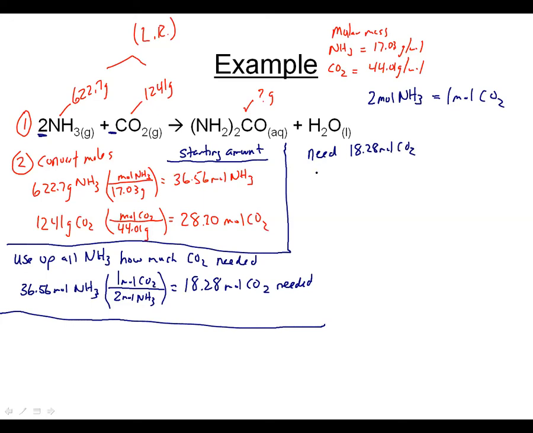We started with, from our beginning CO2, 28.20 moles of CO2. So when we compare these two, we do have enough. So again, that means that the CO2 is our excess reagent, and by default, our NH3 is our limiting reagent.